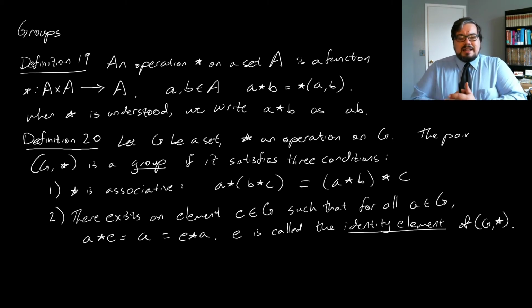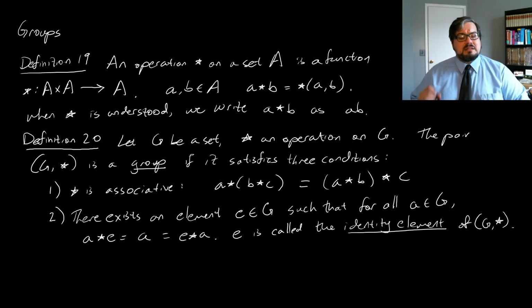So an identity element is one where if you operate with any element against the identity, you just get back the element that you started with. So think of how if I add 0 to any number, I just get that back. If I multiply any number by 1, I just get that number back. These are the types of things that we want the identity to do.